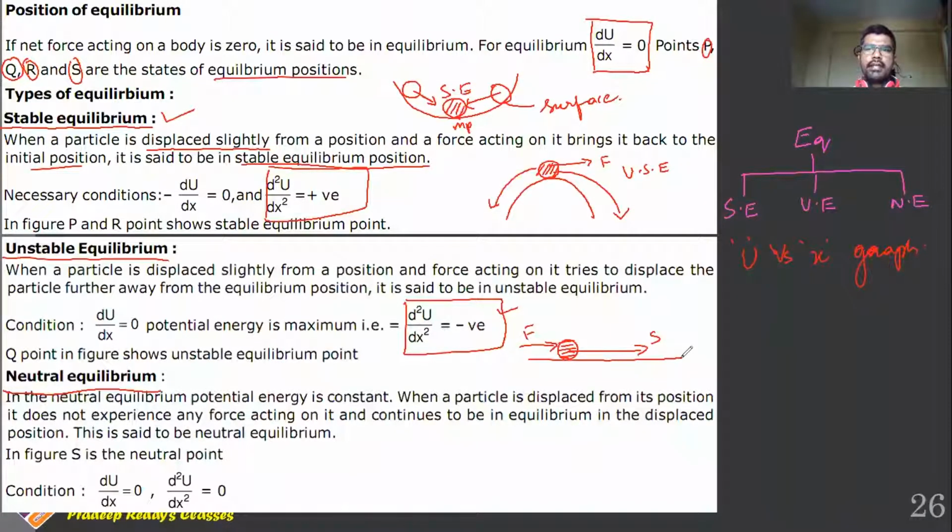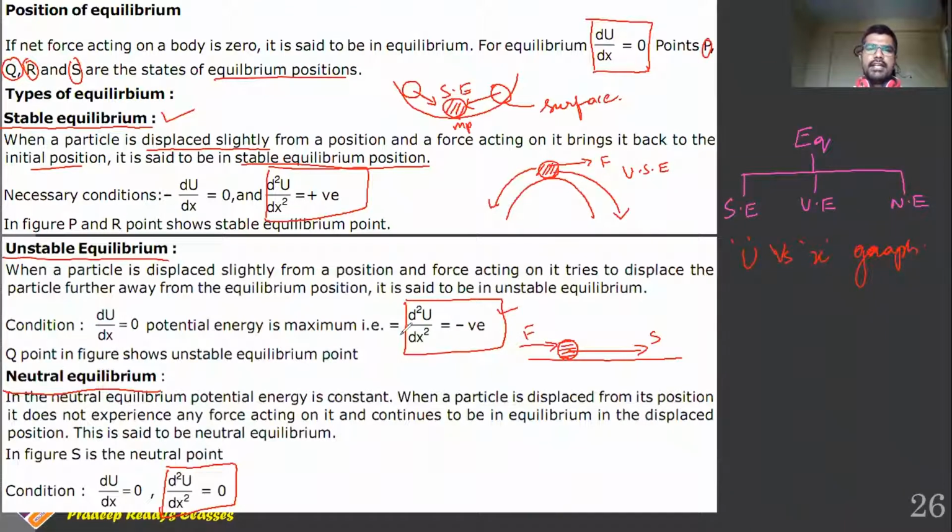Potential energy is not variable because it is just moving on the ground. Such type of equilibrium is called neutral equilibrium, where even though the body is disturbed, there is no change in the potential energy of the object because of the applied force. The condition for neutral equilibrium is d square u by dx square is equal to 0.